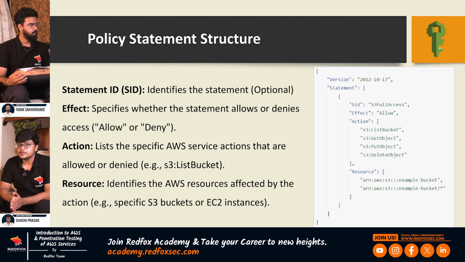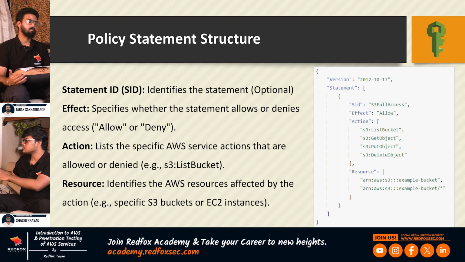And finally, we have the resources. Resources are basically the AWS resources, like S3 or EC2, on which we want to give access to the identity. So again, we have an identity and we have a resource, and to give access to this resource, we have to attach a policy to this identity. In this scenario, the resource is defined as an S3 bucket.